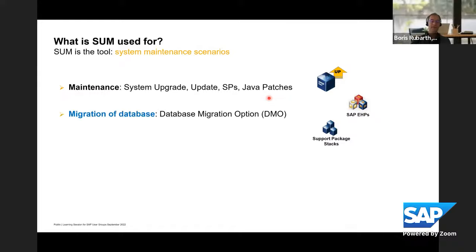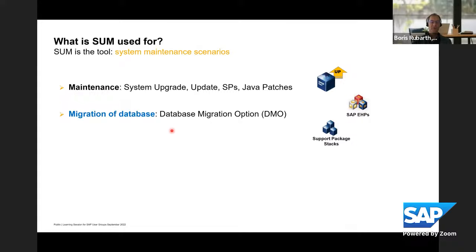Then, as the second part here, the tool is capable of offering a migration. So it is possible for the tool to migrate a system from one source database type to a different database type. That we call DMO, database migration option, because it's a capability, an option of the tool to offer this migration.